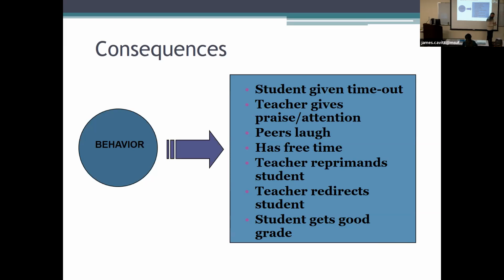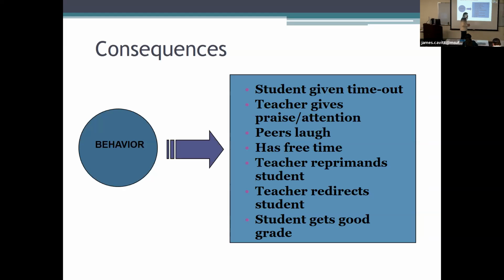And then the third link in this behavior chain is the consequence. Now remember, a consequence is neither positive nor negative. In this class, when I say consequence, it is a resulting something that happens after a behavior. It could be good, it could be bad, depends, but it's a consequence.